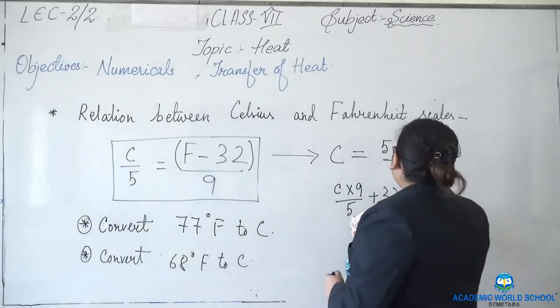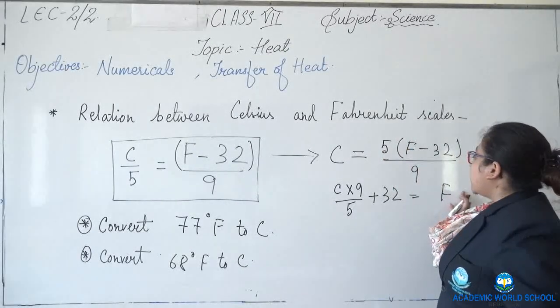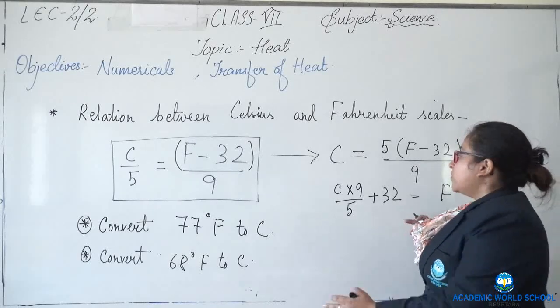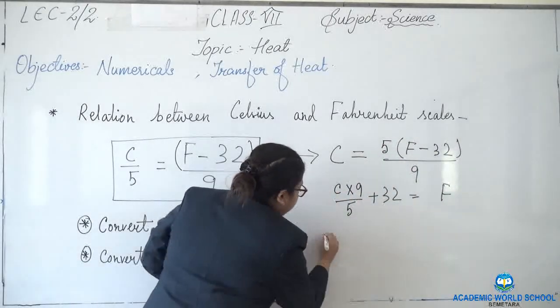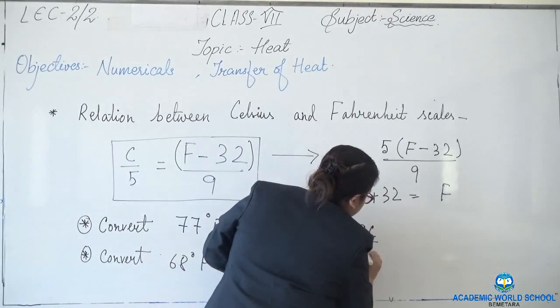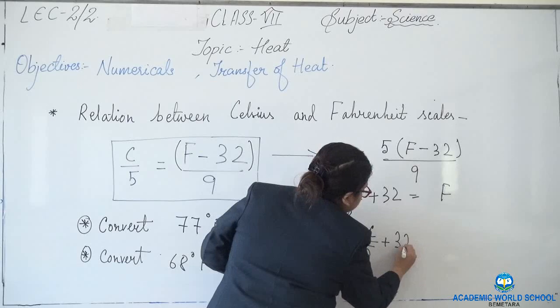So this is my value for F. F value is equal to 9C by 5 plus 32. If I write it in an easier way, F is equal to 9C by 5 plus 32.